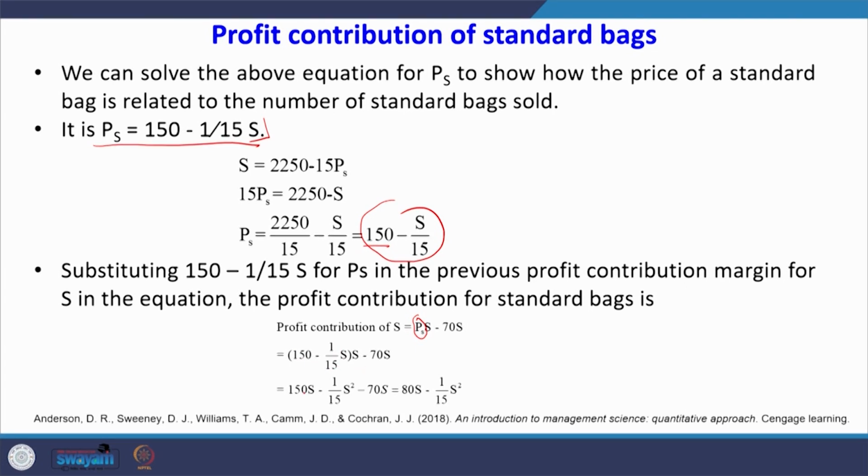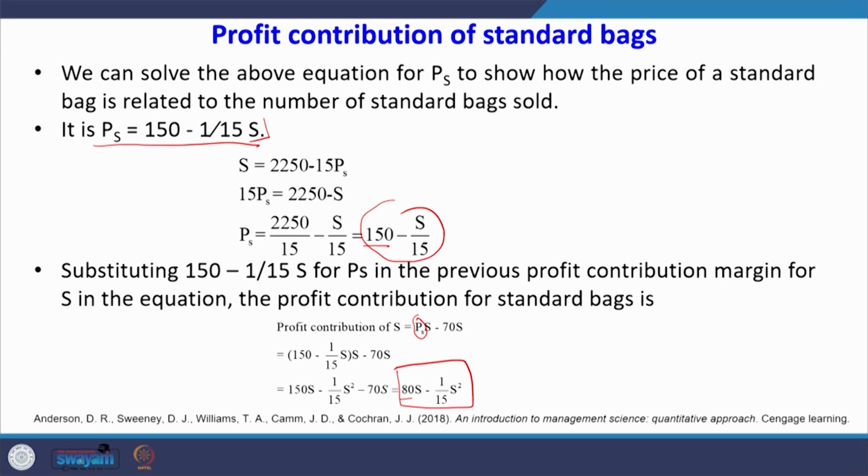Then multiplying, we get 150S minus S square upon 15, minus 70S. Further simplifying, 150 minus 70 is 80S minus S square upon 15. So this is the profit contribution of our standard bag.